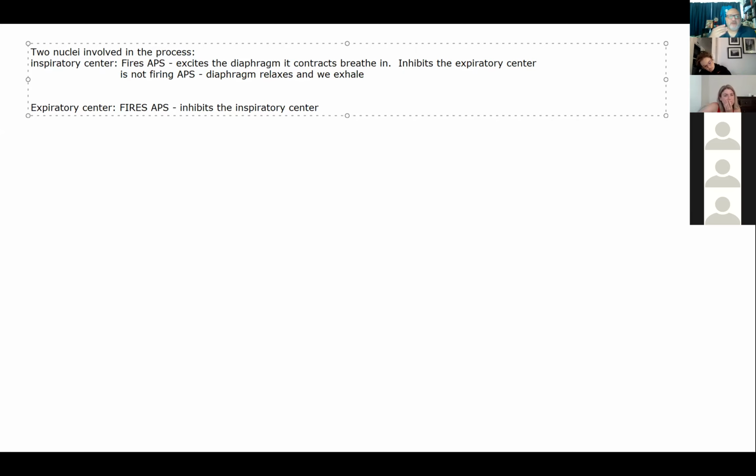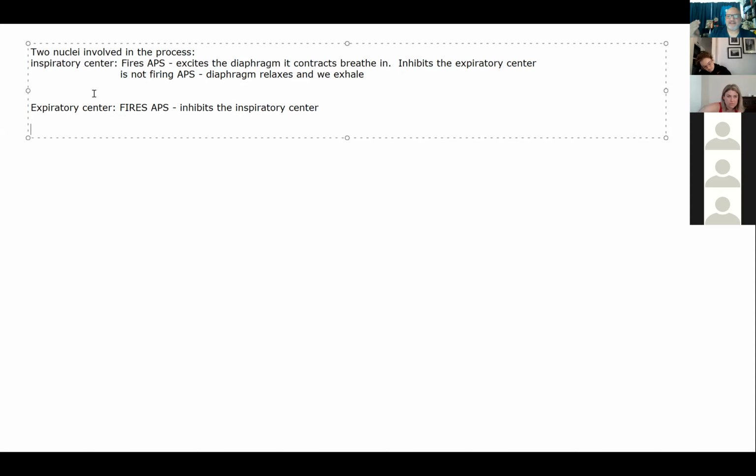Okay? So these are the two centers involved, and these are what these two centers do. So notice the key to this, the fact that they inhibit each other. Both cannot fire at the same time, because if one is firing, it's inhibiting the other. Right? Does that make sense?